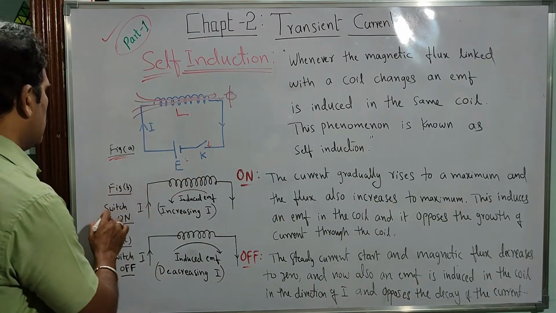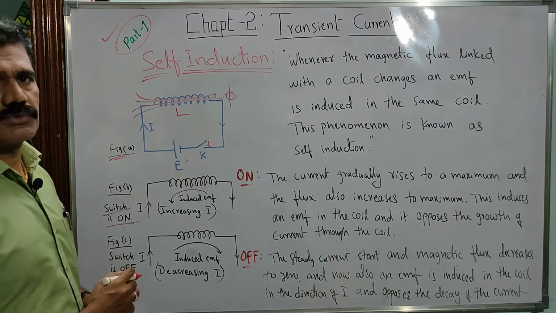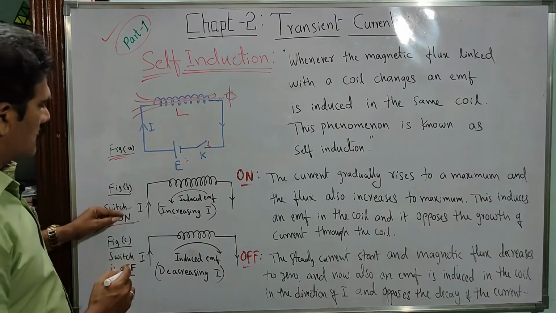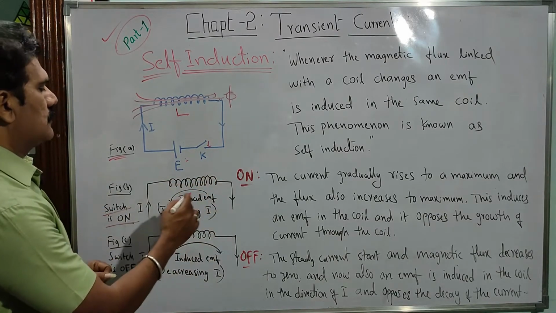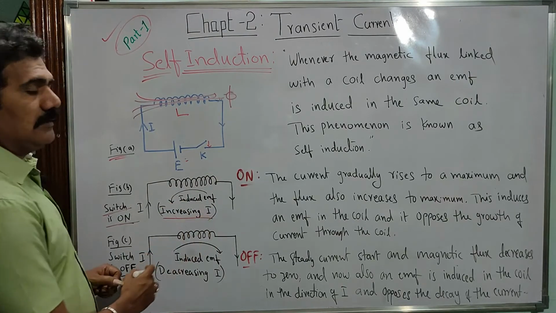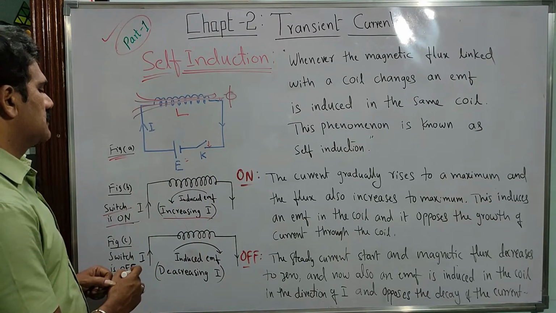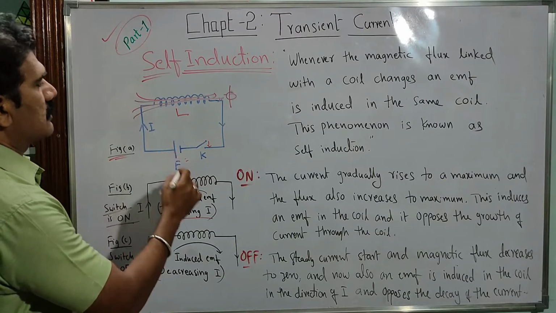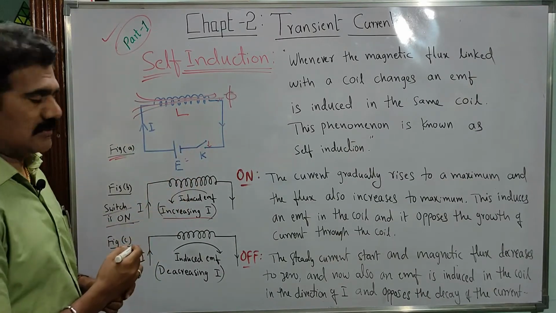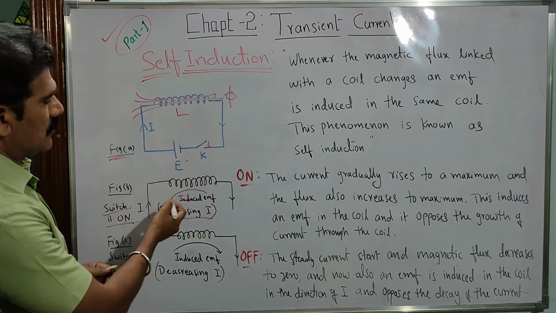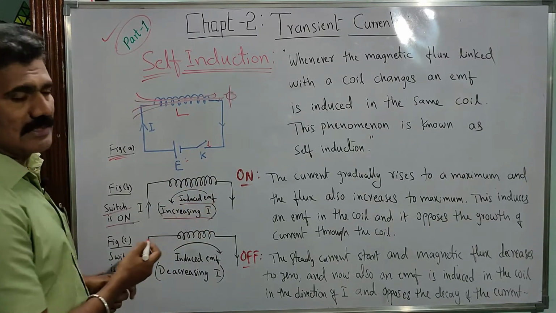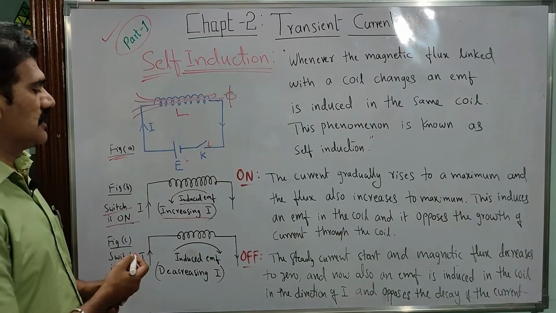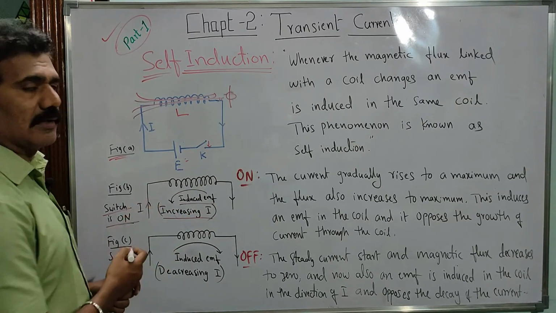When the switch is just switched on, the current starts increasing through the coil. During the increasing current, the EMF induced in the coil due to the magnetic flux is opposed like this. The direction of induced EMF will oppose the growth of the current.